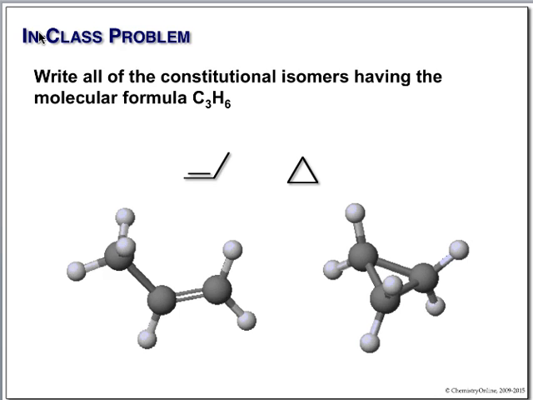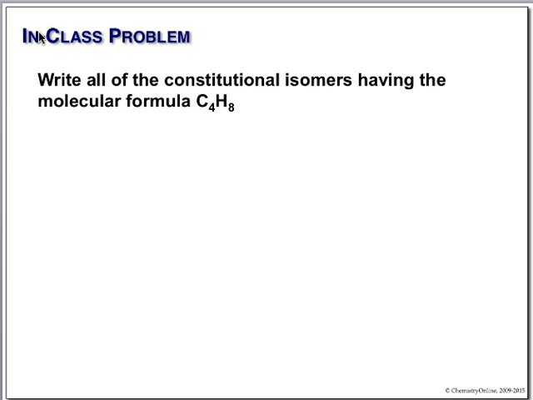These are our 2 constitutional isomers for C3H6. Okay, everyone know how to play now? Let's do C4H8. We're looking for 5 of them.